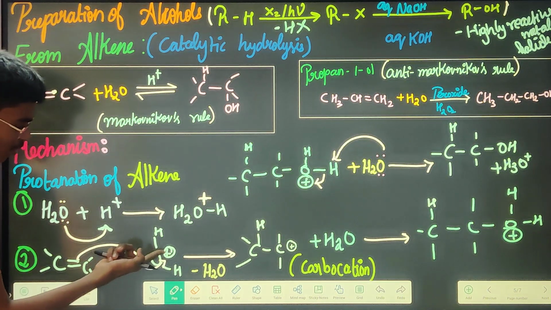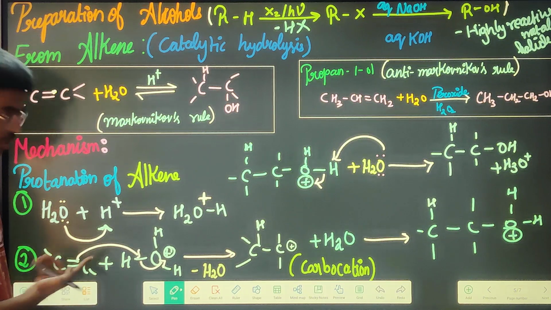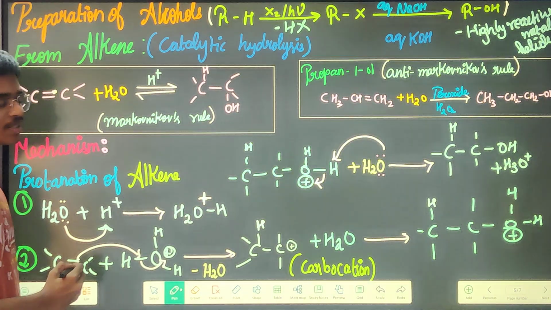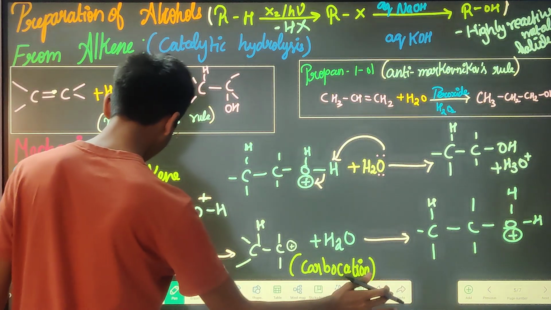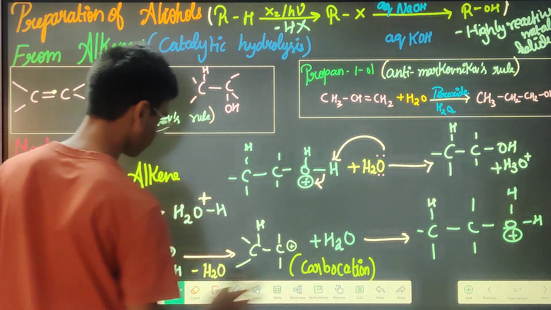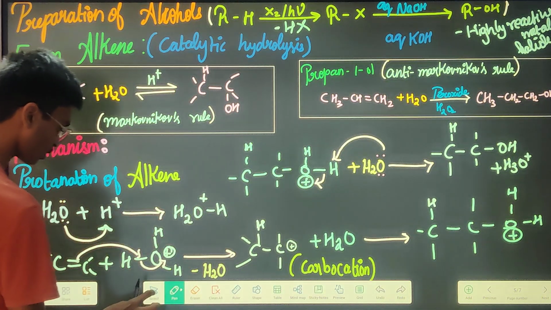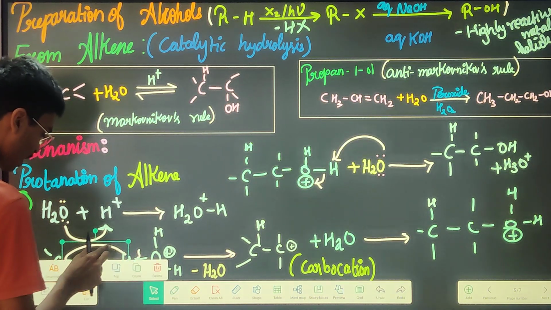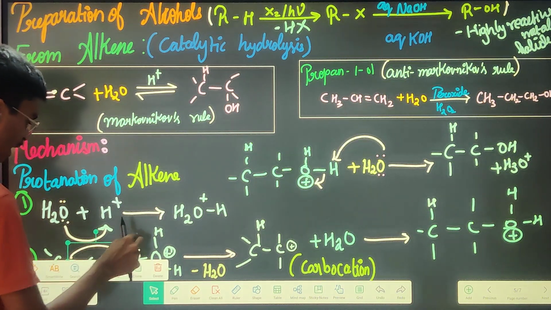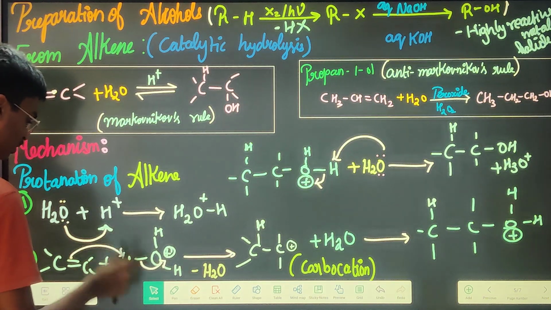Here you have a positive charge, here you have a negative charge. So this electron will go and react. One thing you have to note is that this electron will not attack oxygen. Instead, it will attack hydrogen.